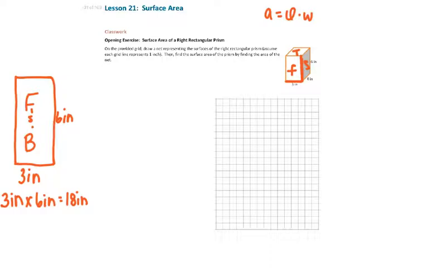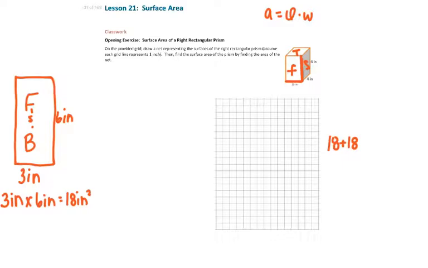But remember, I also have the back of my box, and the back of my box is also 18 inches squared. So don't forget the area is squared. So when I go to add all of these up, don't forget that you have another 18 inches squared for the back of the box. So I'm going to go ahead and write 2 times 18 inches squared so that when I add all these up, I don't forget.